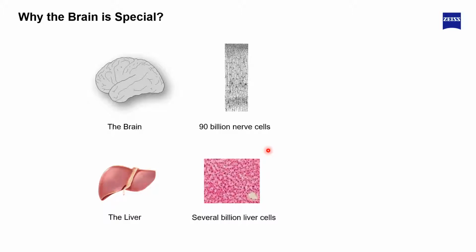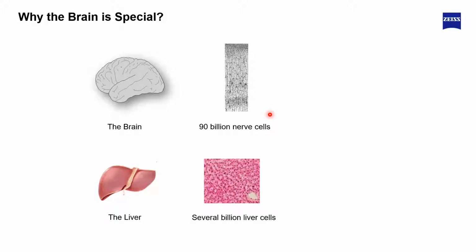What we might add here beyond that is not only the sheer number of cells that make up each of these organs, but also the cell types, which are maybe a handful in the liver. But besides the 2 big classes of cells in the brain, the neurons and glia cells, if we subdivide them into the specific classes of glia cells as well as nerve cells, you will find that there's an incredible diversity of cells.